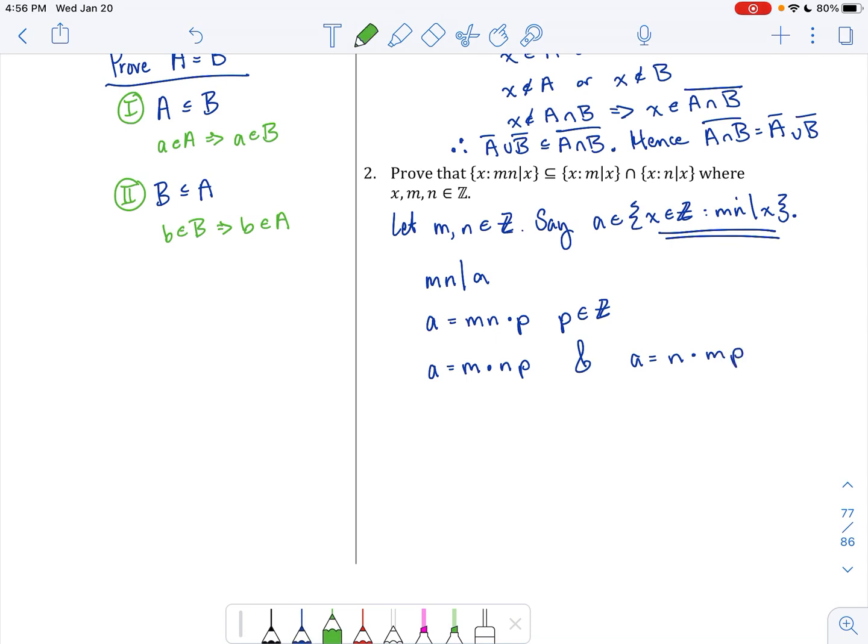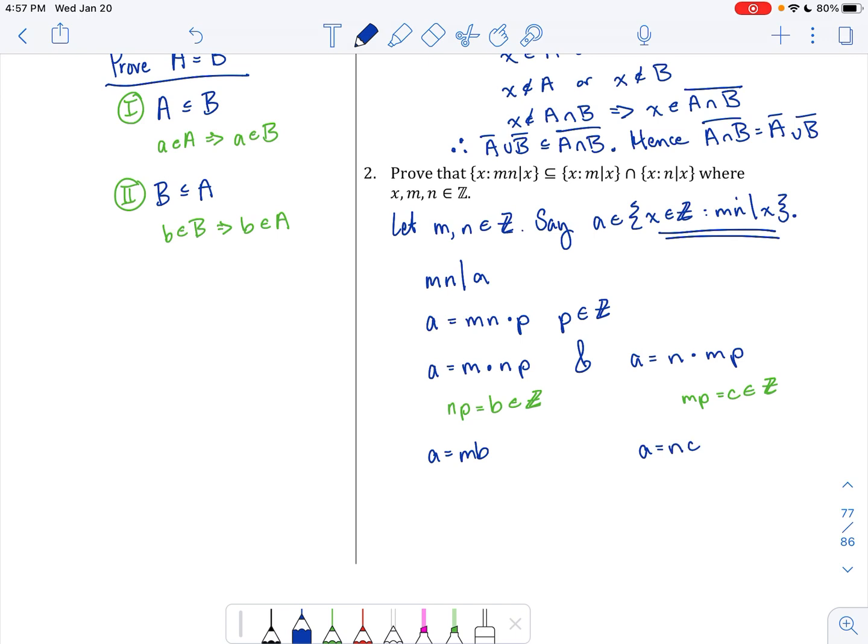Now we'll do our normal division rules that you can probably, hopefully, start to guess from here. We're going to say that NP is an integer by closure, and MP we can say is equal to C, which is an integer by closure because it's just multiplication.